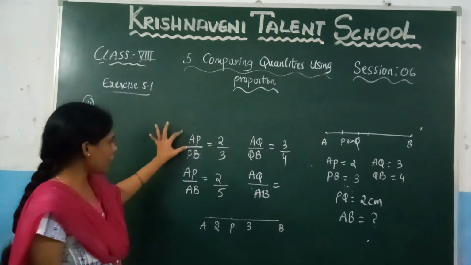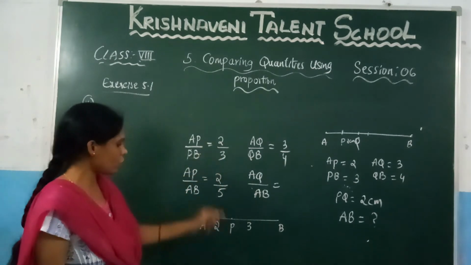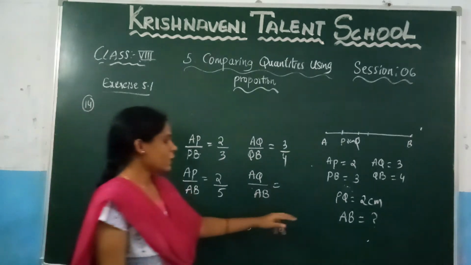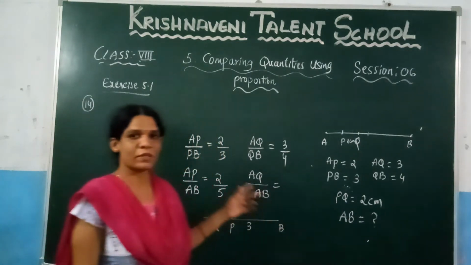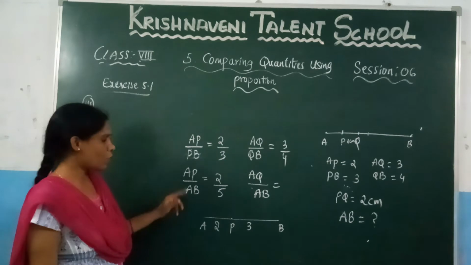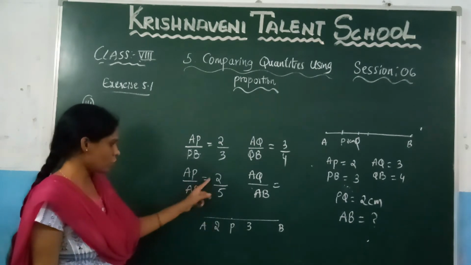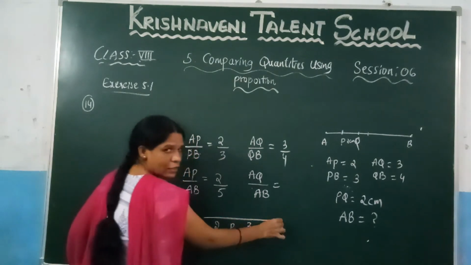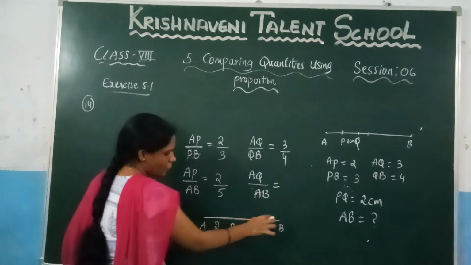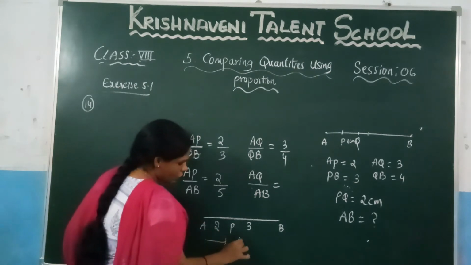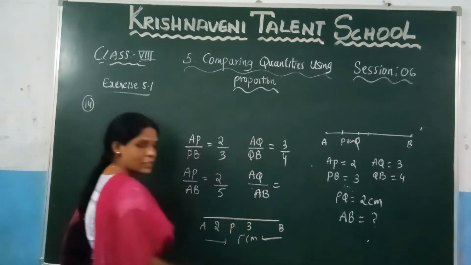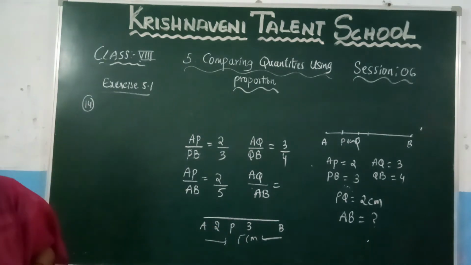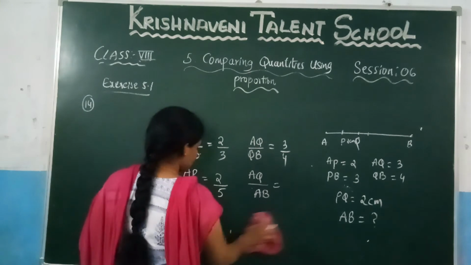Since I need to find the length of AB, I have taken here AP by AB. Now what is the length of AP? Which is 2. And what is the length of AB? This total length. Up to this it is 2 and up to this it is 3. So if you add, you will get the total length as 5 centimeters. So I have written in place of AB which is 5. Now similarly see the next one like that only.